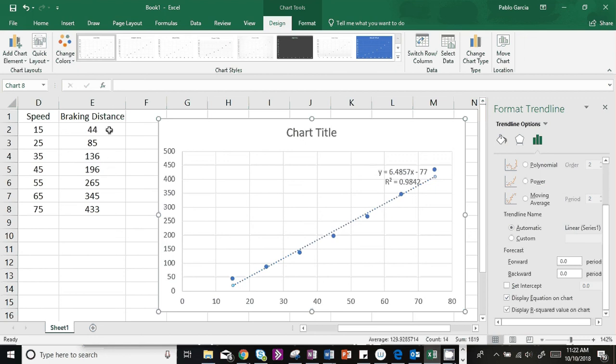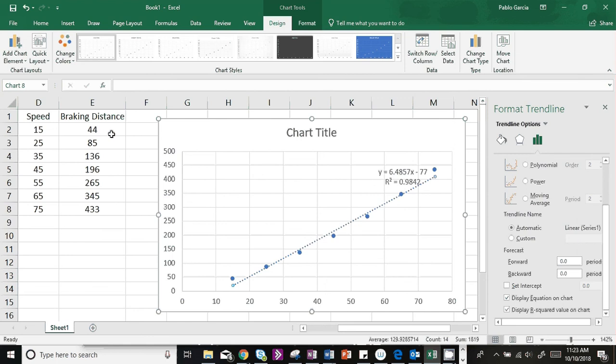But the braking distance depends on the speed. So we would expect that, and this is exactly what happens: the braking distance varies, it changes depending on the speed of the car. But this braking distance is not exactly correlated to the speed. There's a little bit of randomness built in there, right?